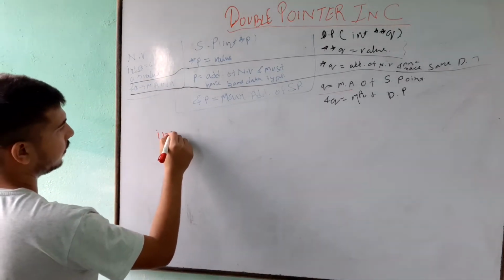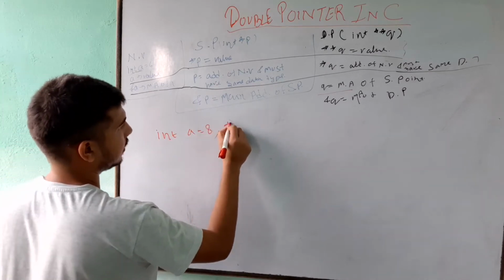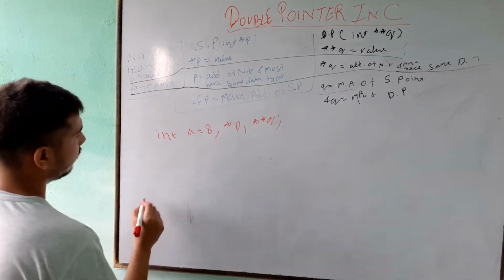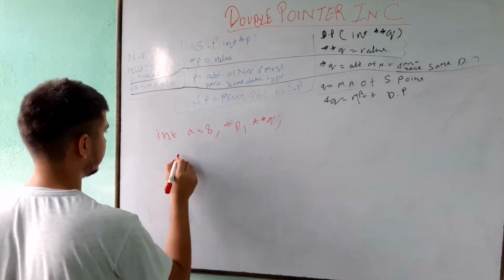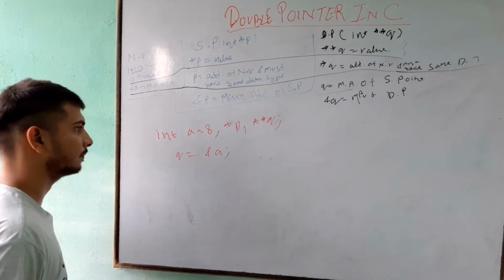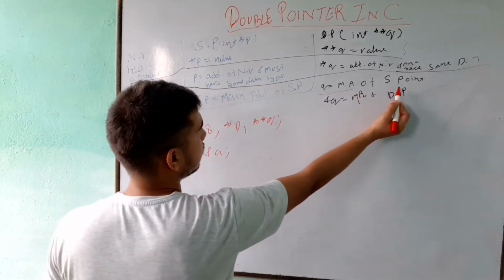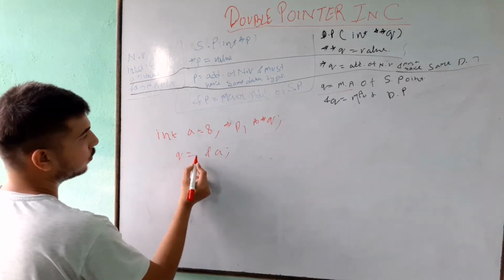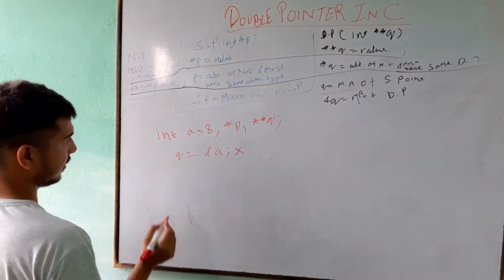I'm writing here int a is equal to 8, also asterisk p and asterisk q. Now I'm writing something like, let's say, q is equal to &a. Is it okay? Now Q can only hold the address of a single pointer, right? But now we are trying to make Q hold the address of a normal variable, so this is not possible, it will give us an error.